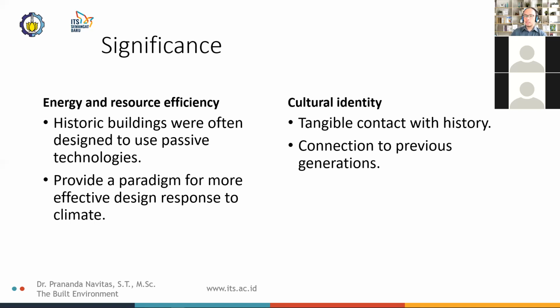Now, with passive technologies, the way you modify these temperatures is through thicker walls or operable windows that you can open and shut, so that if it's too cold outside, all you have to do is close the windows, close the doors, and you should be nice and warm inside.